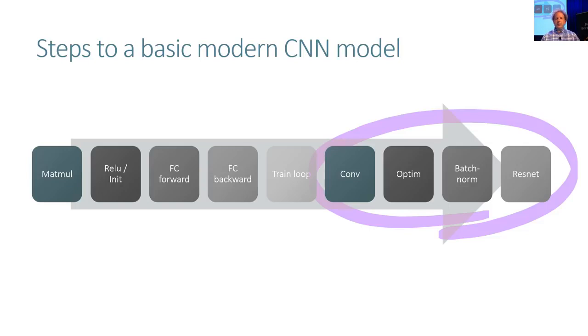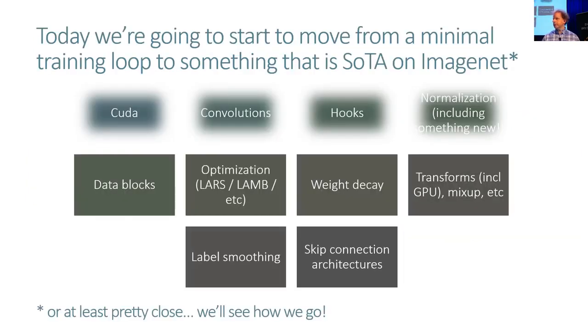So this is kind of where we're up to, the last little bit of our CNN, and specifically these were the things we were going to dive into, and we've done the first 4 of these: CUDA, convolutions, hooks, normalization.